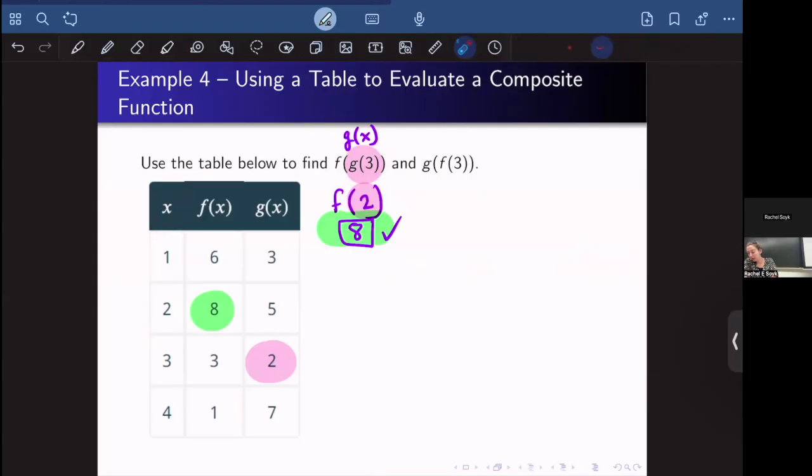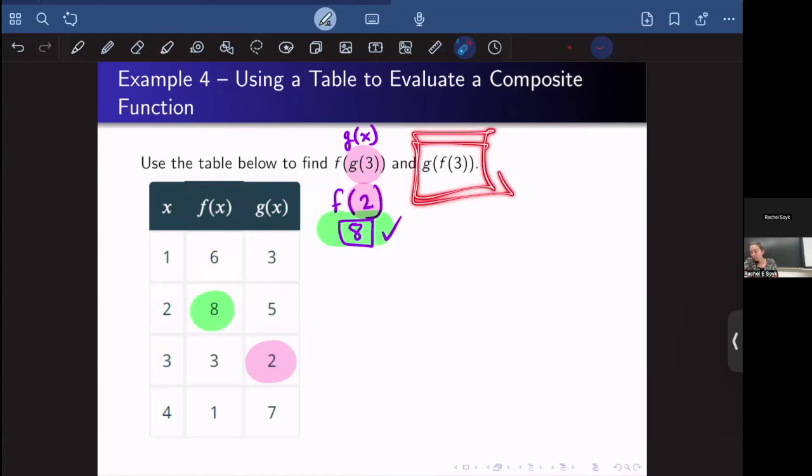Well, okay, when x is 3, what is our g of x? Our g of x is 2. You got that part? And now we know this is 2 now. So now we plug in 2, and now we just want to evaluate f of 2. So when our x is 2 now, what's our f of 2? It's 8.